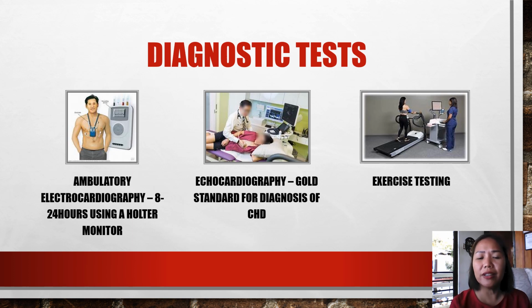The gold standard for diagnosing congenital heart disease and acquired heart disease is the echocardiogram. It uses sound waves that travel in straight lines and produce echoes when deflected by solid or liquid media. It is like doing an ultrasound of the heart.